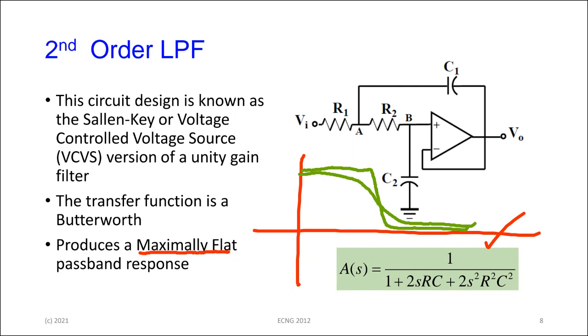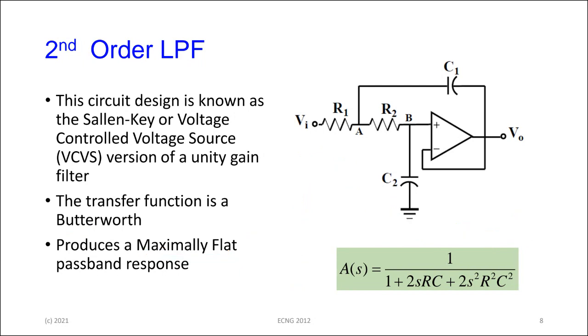You have to trade off basically this transition against how it performs in the passband. The Butterworth and the maximally flat give you a behavior that in the passband itself, all right, so if you look at the passband, is as flat as you can get for a response.